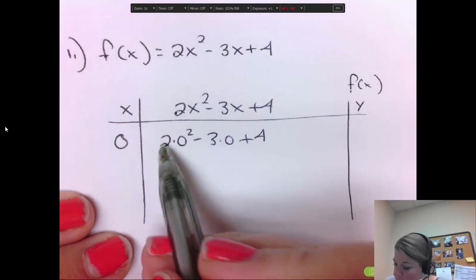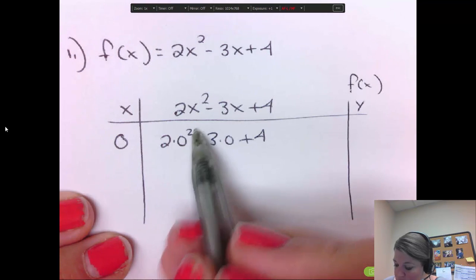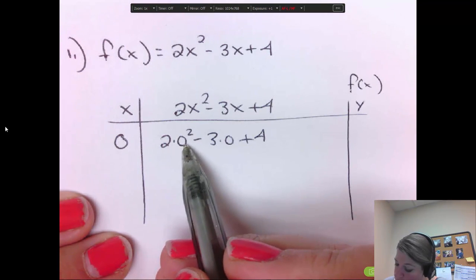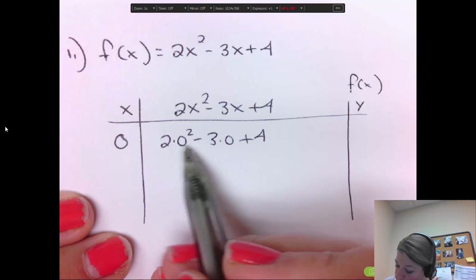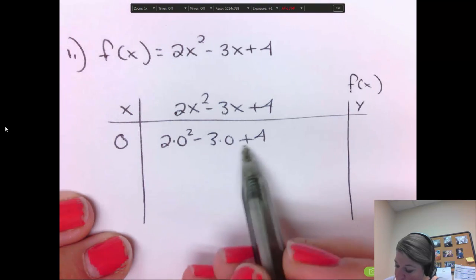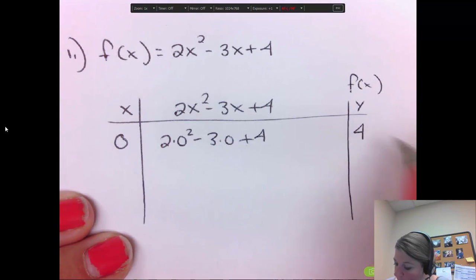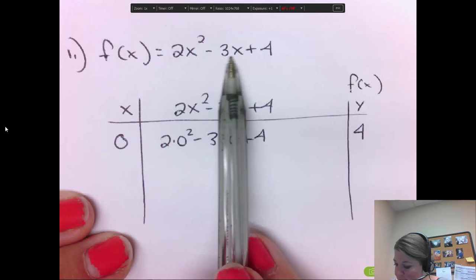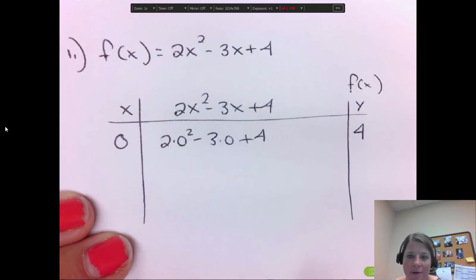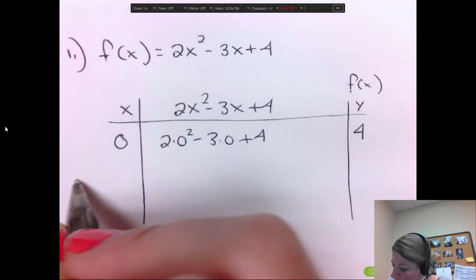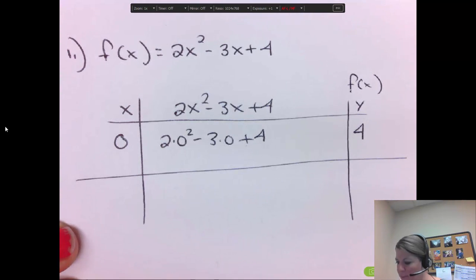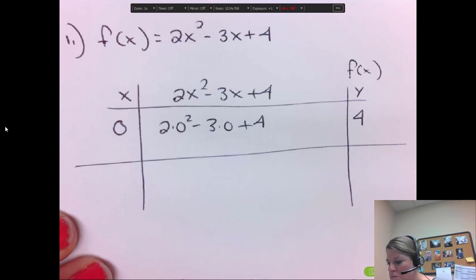Well, 0 squared is 0, got to do your exponent first. 0 times 2 is 0, minus 3 times 0 or 0, plus 4. So 0 minus 0 plus 4 is going to get you 4. Basically it cancels out the first two terms and you're left with 4. So there's one point on our graph, the point 0, 4.